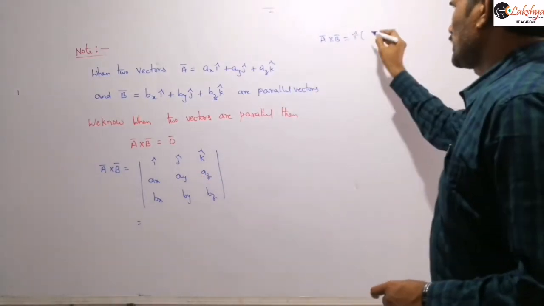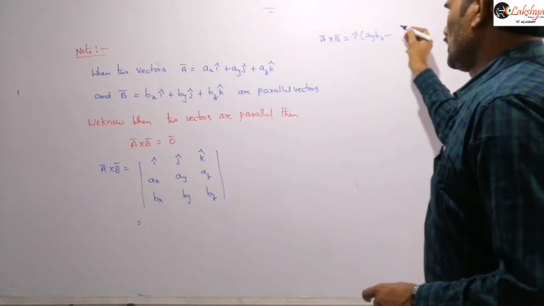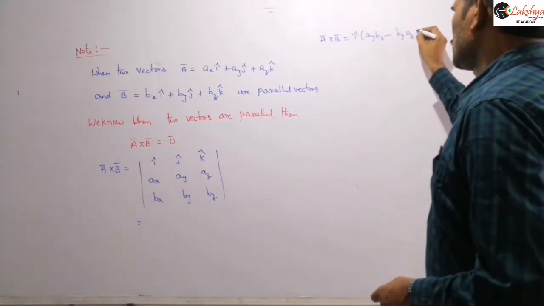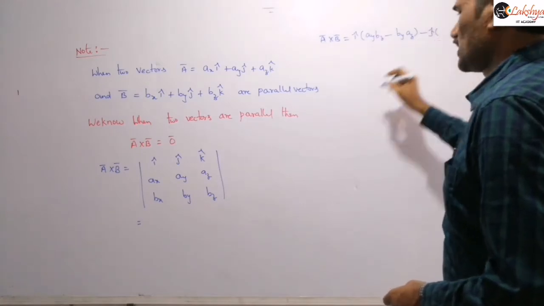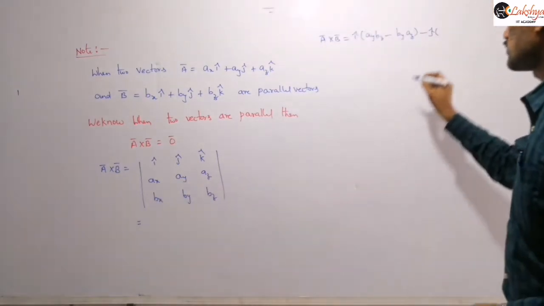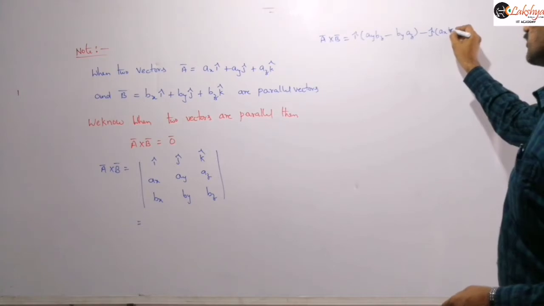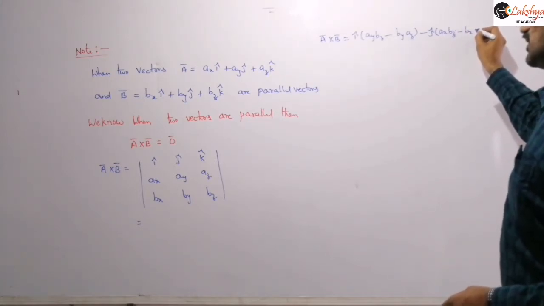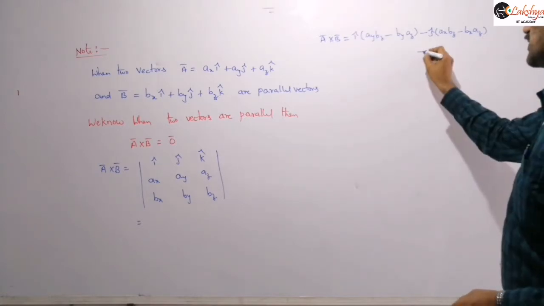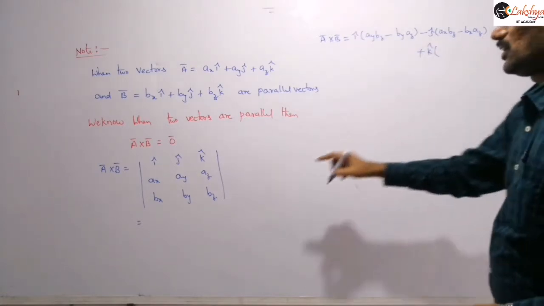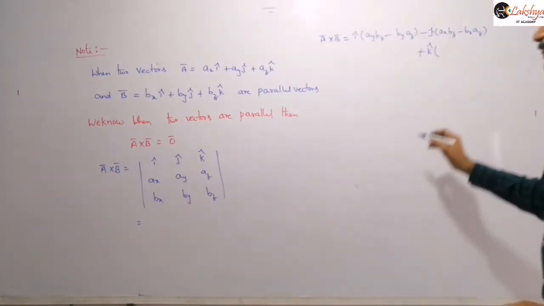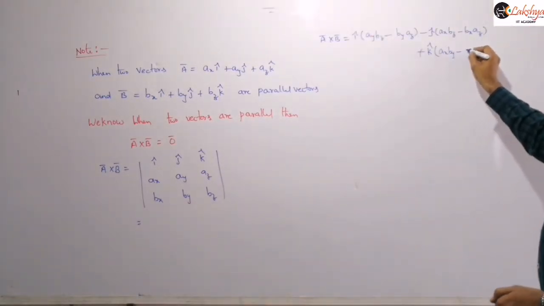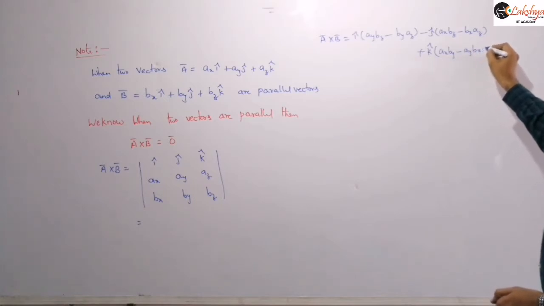So Ay Bz minus By Az, minus j cap into Ax Bz minus Bx Az, plus k cap into Ax By minus Ay Bx.